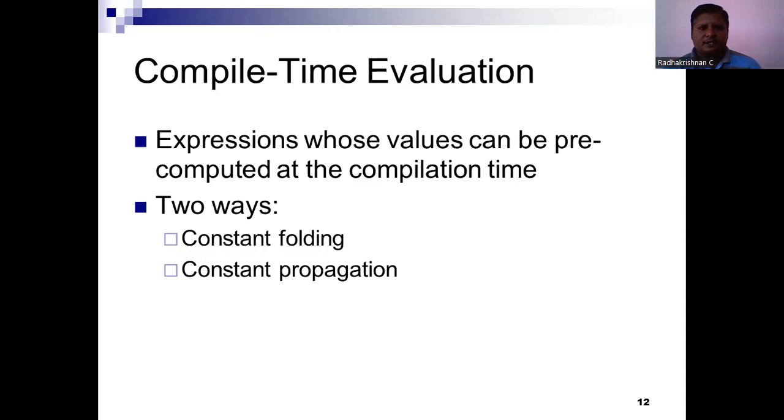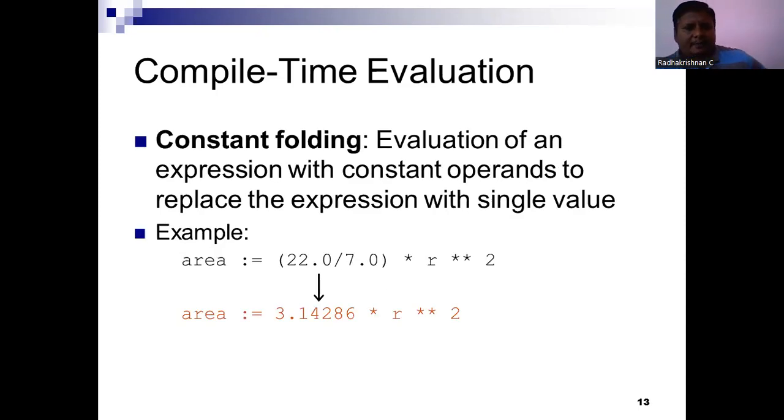There are two types: constant folding and constant propagation. In constant folding, we know 22 divided by 7. What is the value? 3.14. We can directly use the constant value.